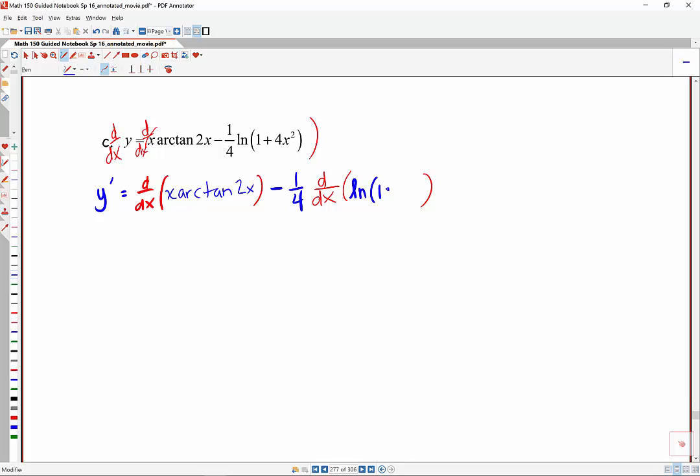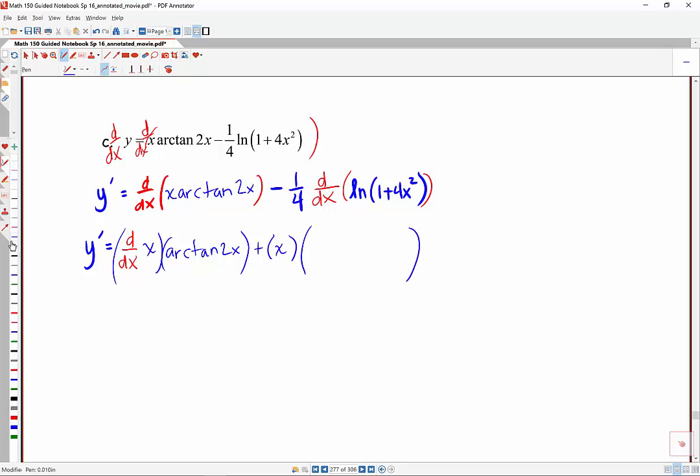Now this first product, just be careful. So y prime, we'll have d dx of x times arctangent at 2x, plus x times d dx of this arctangent at 2x.